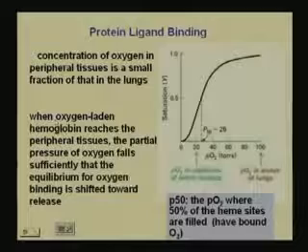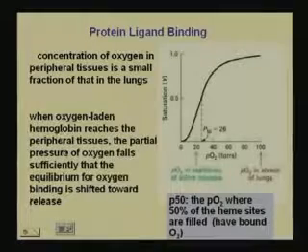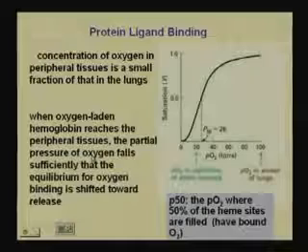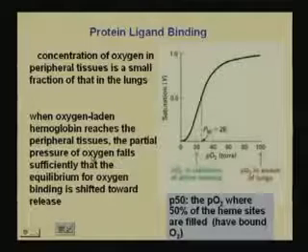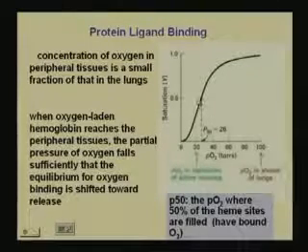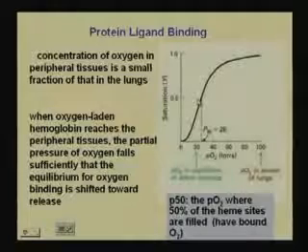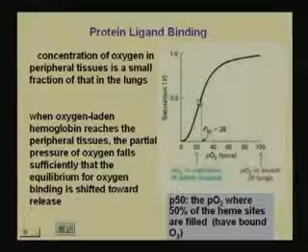Now, when oxygen-laden hemoglobin reaches the peripheral tissues, the partial pressure of oxygen falls. So the saturation is less, and hemoglobin will release the oxygen, right?